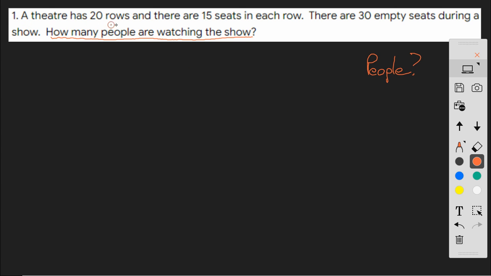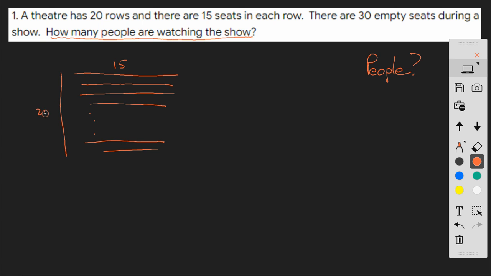Okay, so what's our first sentence here? A theatre has 20 rows and there are 15 seats in each row. So we've got 15 seats across here, all in different rows, going back, and we've got 20 of those rows there.